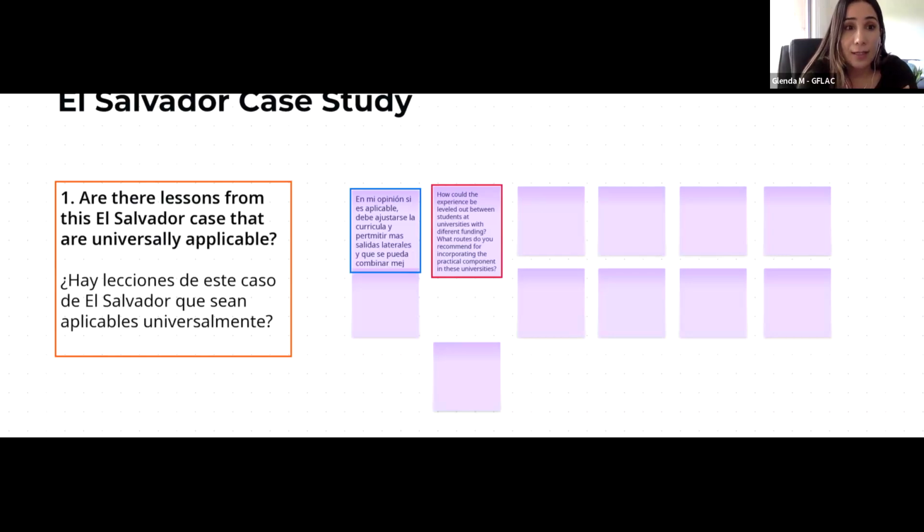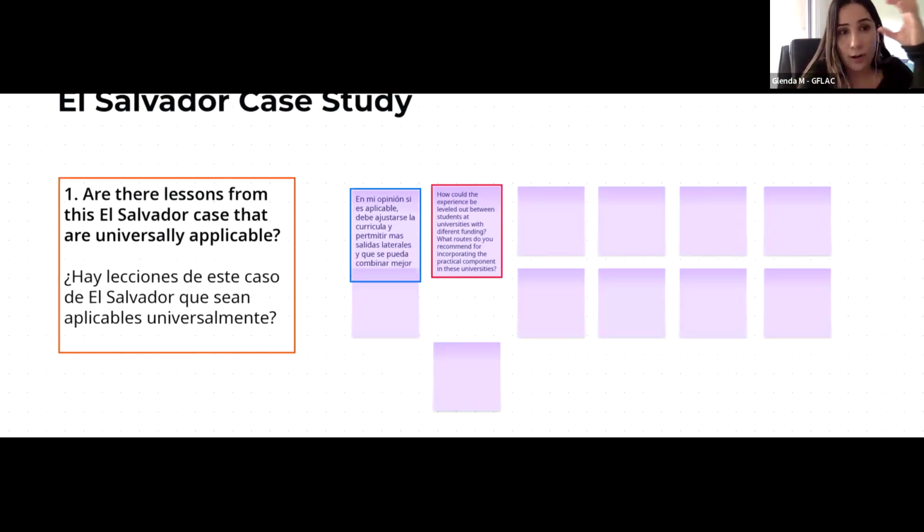In fact, Monterrey is located geographically in a place very different from El Salvador. And El Salvador has different challenges, specifically because it belongs to Central America, which is a very, very vulnerable sub-region of Latin America.